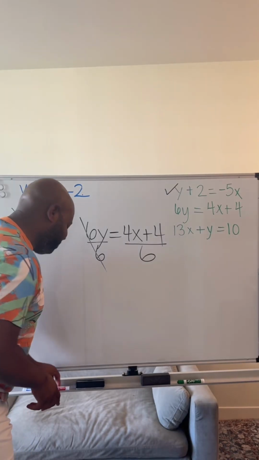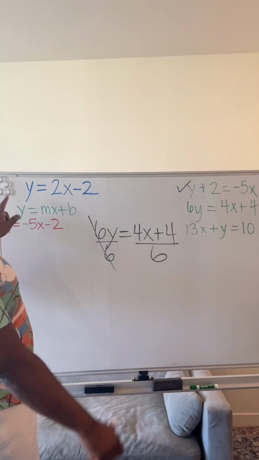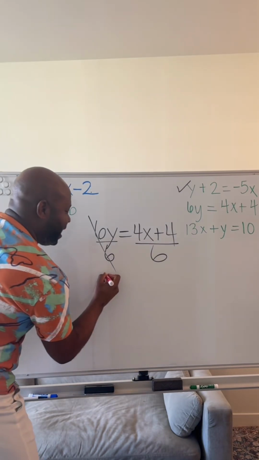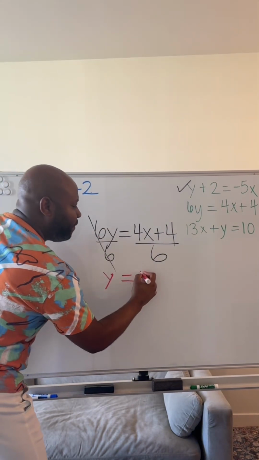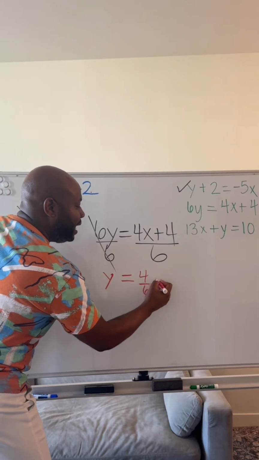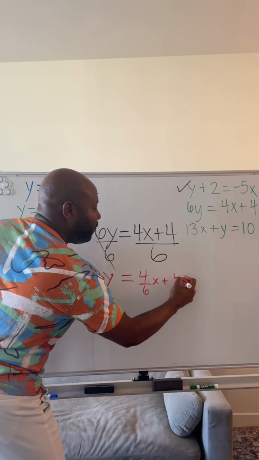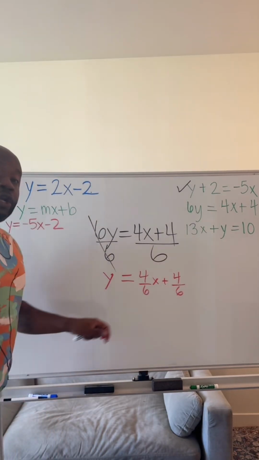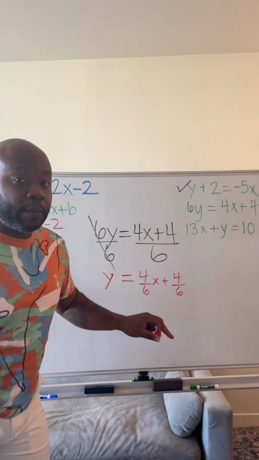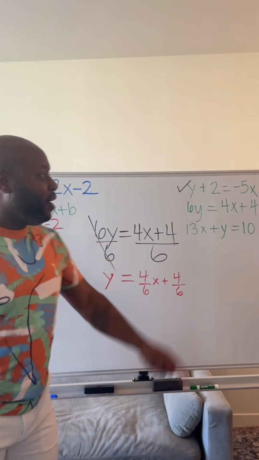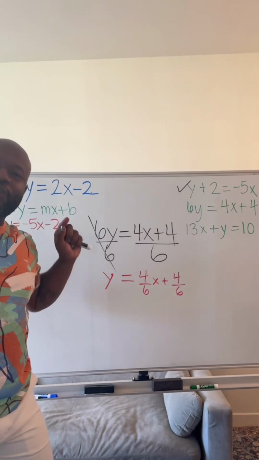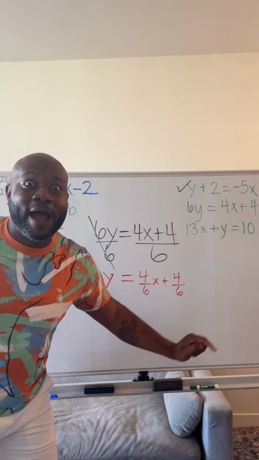Mission accomplished. Let's see if this is gonna look like our goal. We have y equals on this side. Now, 4 over 6x plus 4 over 6. Now, we can reduce this, but right now, my goal is just to get you to be able to convert from any form to slope-intercept form. Are we doing it?